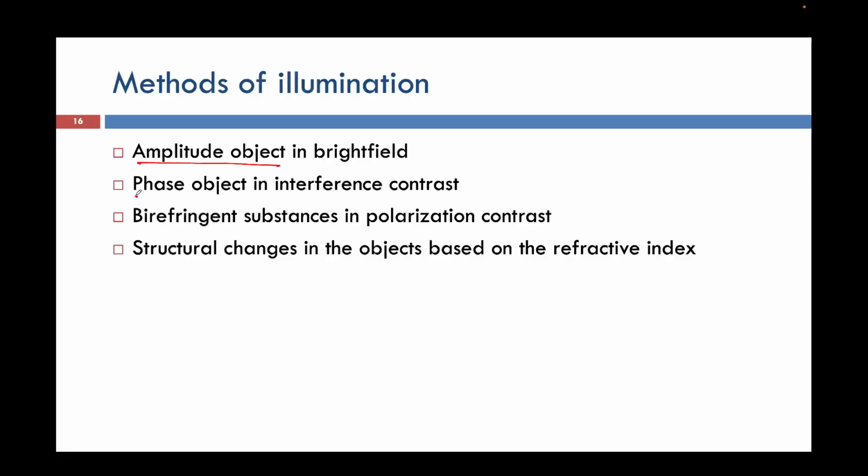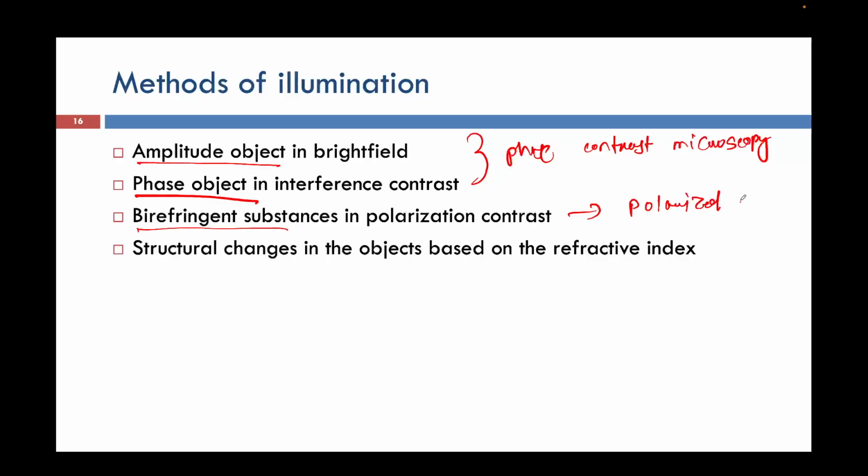Then another term comes, the phase object. Amplitude objects and phase objects are both used in phase contrast microscopy. And birefringent substances are used in polarized microscopy.